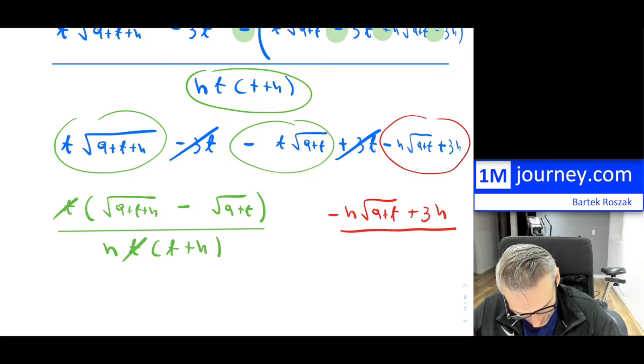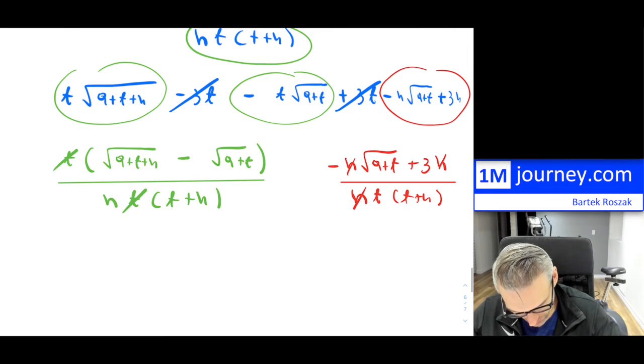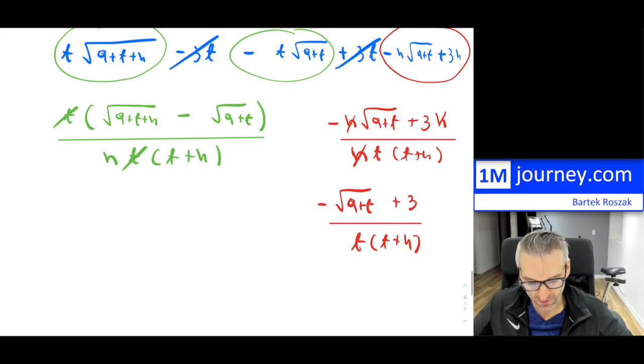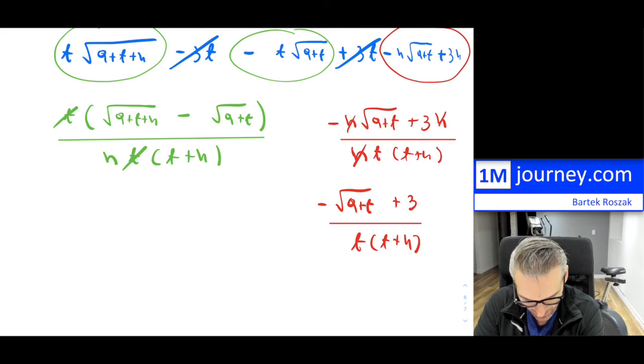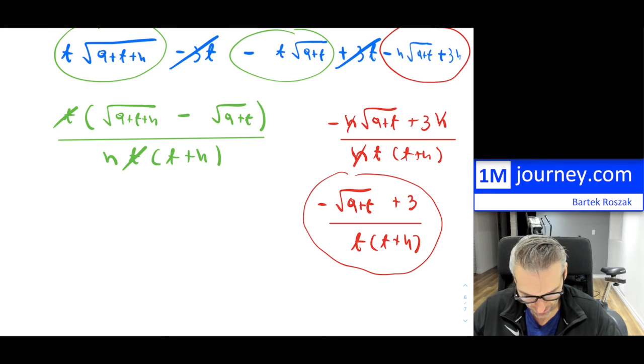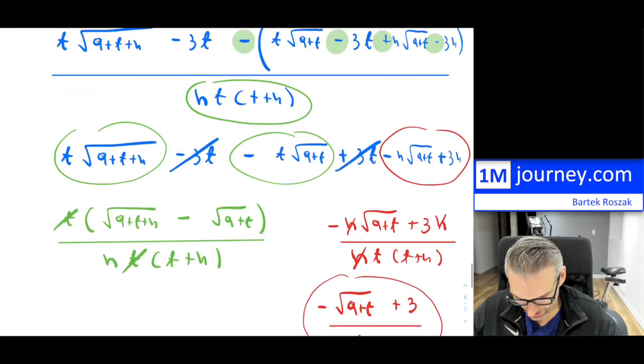This one's nicer because that h, this is t plus h, so this h will cancel out those h's. So this is just going to be negative 9 plus t, plus 3, all over t and t plus h. Now we don't have a problem here because we can let h go to 0, and we will get what the derivative is as h approaches 0. So that one is pretty good.